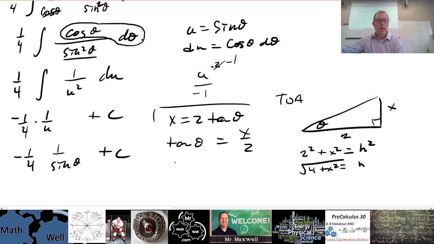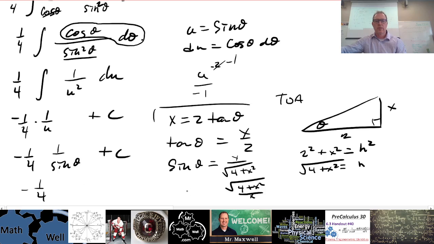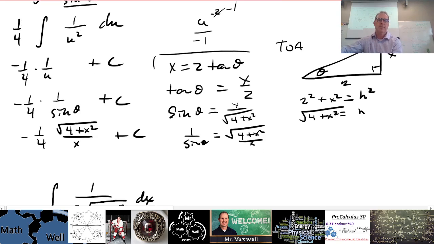And so sine theta is going to be opposite over hypotenuse, x over root 4 plus x squared. And 1 over sine is root 4 plus x squared over x. So we have -1/4 times root 4 plus x squared all over x plus c. And that's pretty much your answer.